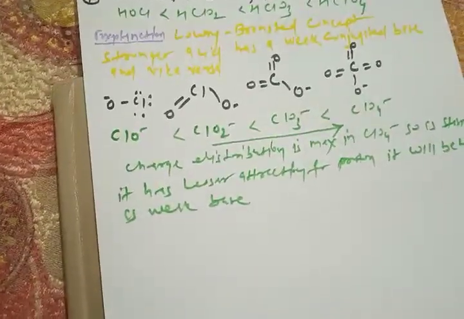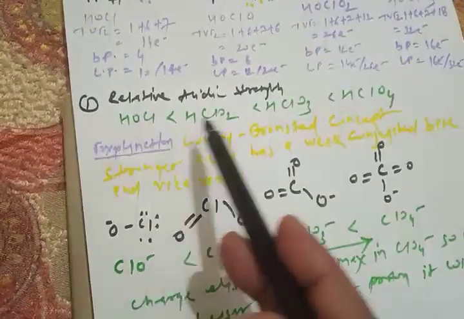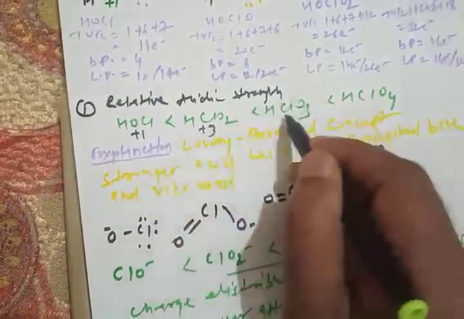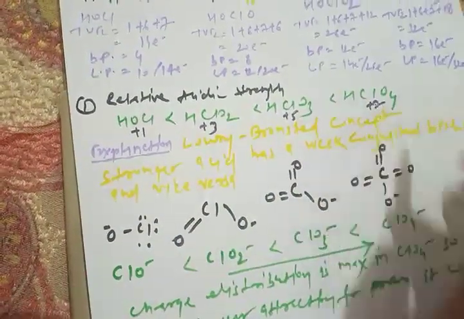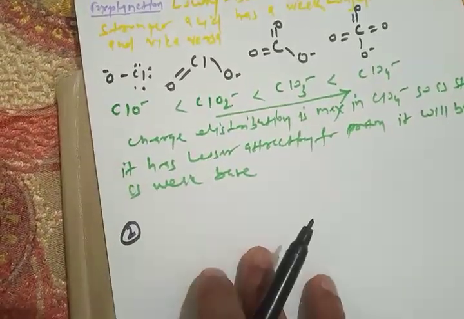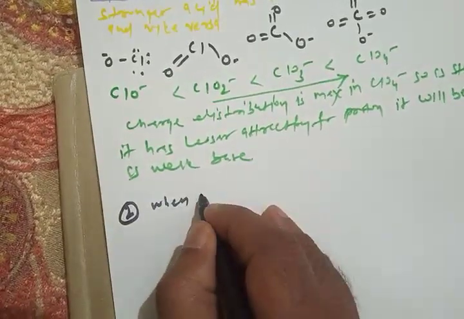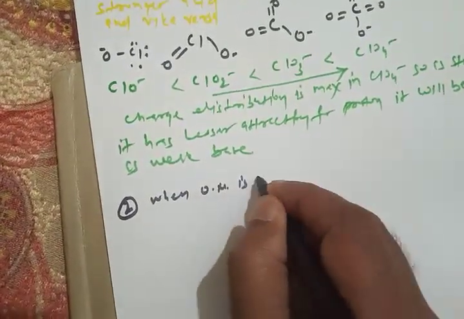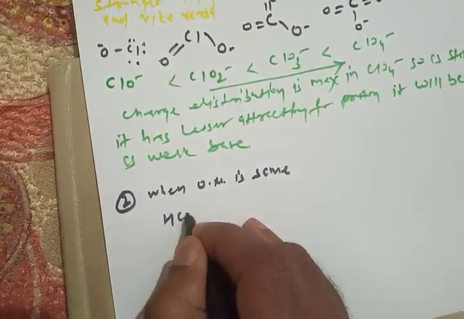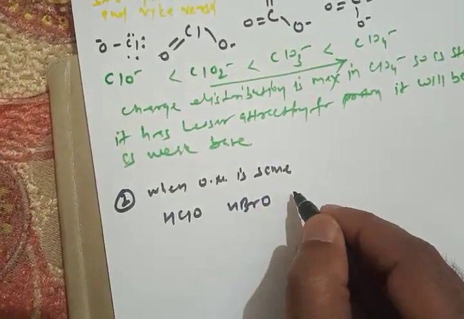Then the second: based on different oxidation states, the oxidation state is different in every case: +1, then +3, then +5, and then +7. But if the oxidation number is the same, what will happen in that case? So the second is when the oxidation number is the same. For example, we have HClO, HBrO, and HIO.